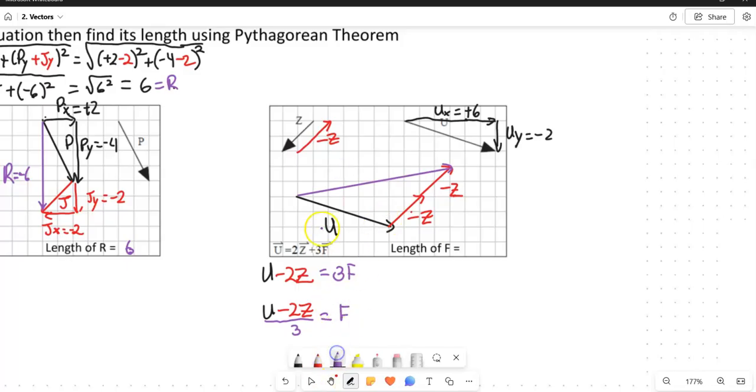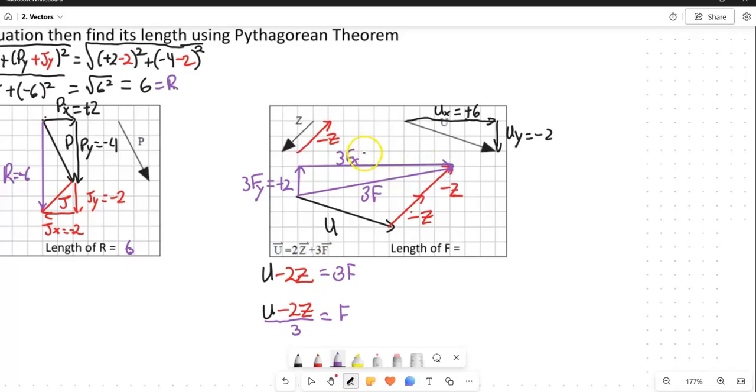This 3f vector, it's pointing up 2, and it's pointing to the right this distance. So the y component of the 3f vector is going to equal positive 2, and the 3f vector in the x direction is 1, 2, 3, 4, 5, 6, 7, 8, 9, 10.